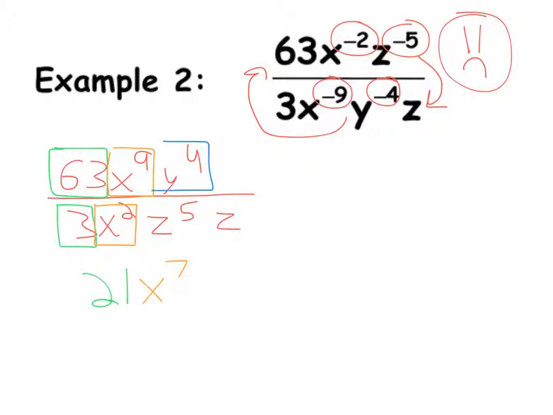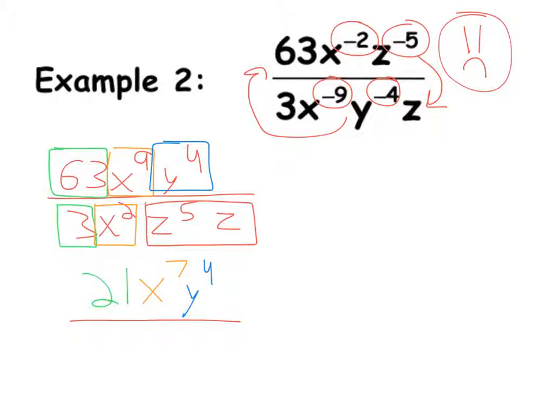Y to the 4th. Aw, y to the 4th doesn't have a friend. That's okay. It's not sad, so we're going to leave it up here. And now, what's left? Let's go into the denominator. We have z to the 5th times z.